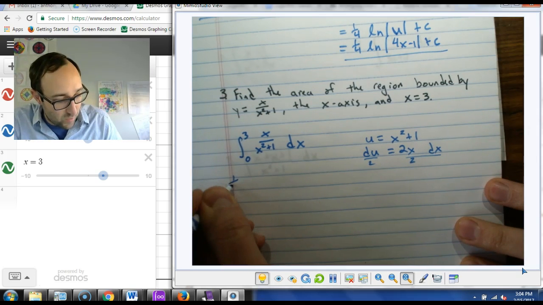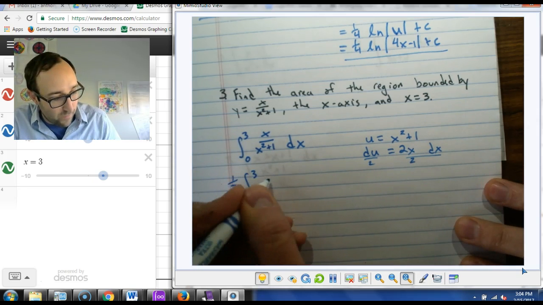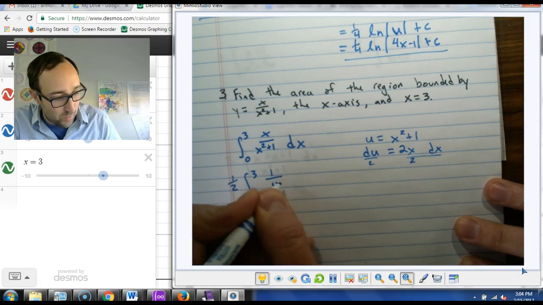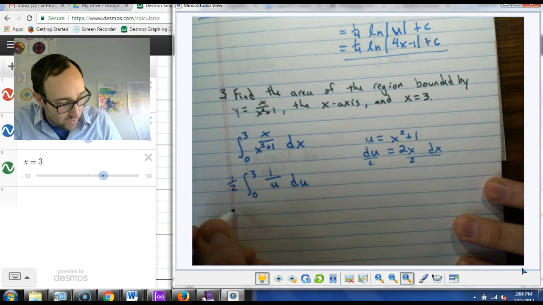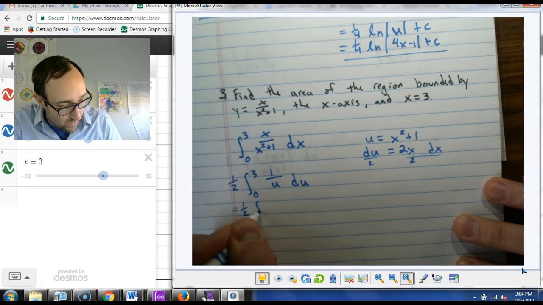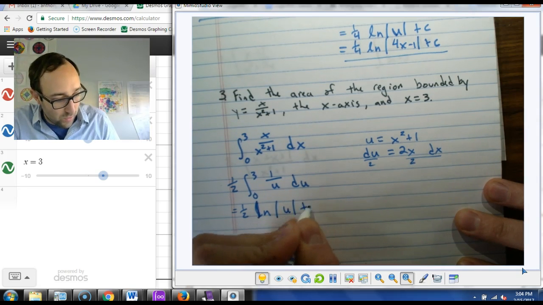So I can say this is going to be 1/2 integral from 0 to 3 of 1 over u du. Okay. Now I can say this is going to be the same as 1/2 the natural log of the absolute value of u plus c.